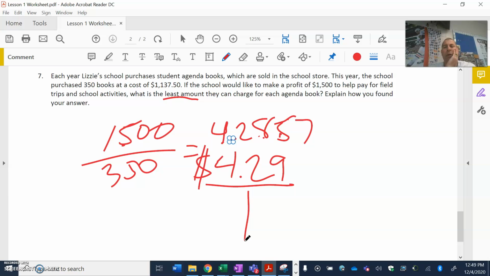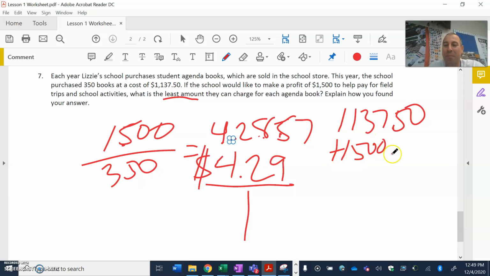But wait a second. They want to make a profit of $1,500. Whoa, profit. Wait a second. So that's not how. Oh, so we need to add on. They've spent this much. They want to make this much.